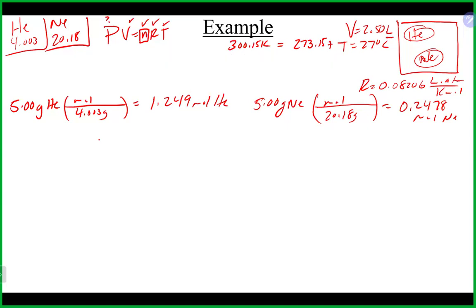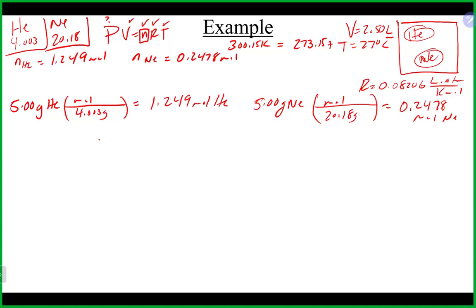Now, we can use our ideal gas law, and we can just do it twice, basically. So I think I will move this upwards here. So my moles of helium was 1.249, and my moles of neon was 0.2478 moles here.